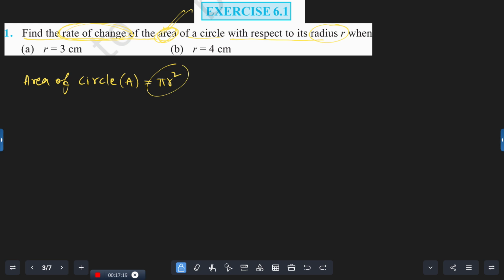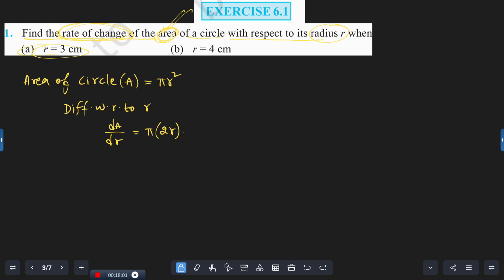So we have to differentiate pi r square with respect to r. When I differentiate, dA by dr is equal to pi, the constant, multiplied by r square differentiated, which gives 2r. And dr by dr is 1. Next, they are asking when r equals 3, what is the answer?